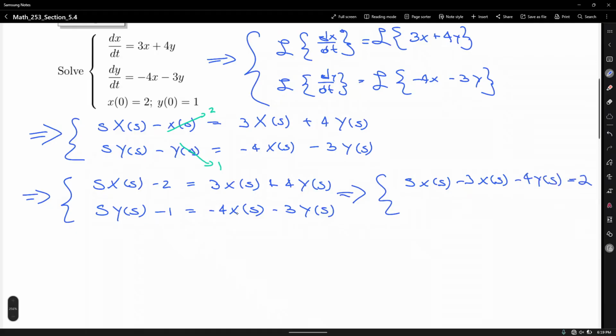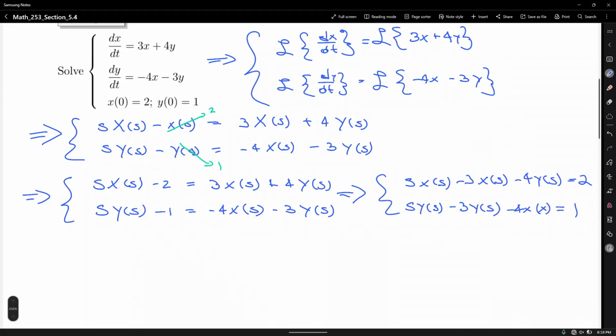And same here, these terms containing X(s) and Y(s), I'm going to move to the left-hand side of the equation, and this negative one I'm going to move to the right. That is s Y(s) minus 3 Y(s) minus 4 X(s) equals 1. All right? Did you guys agree?